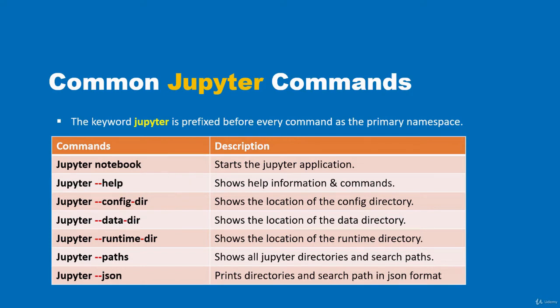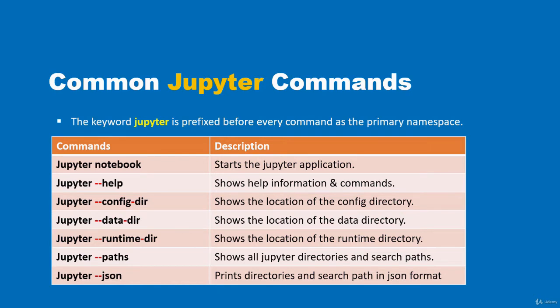If you want to see the location of the configuration directory, you type in jupyter space --config-dir. If you want to see the location of the data directory, you type in jupyter space --data-dir. If you want to see the location of the runtime directory, you type in jupyter space --runtime-dir.